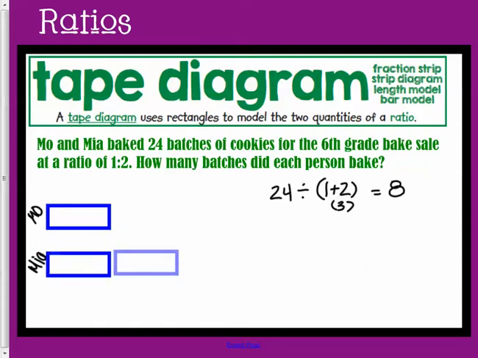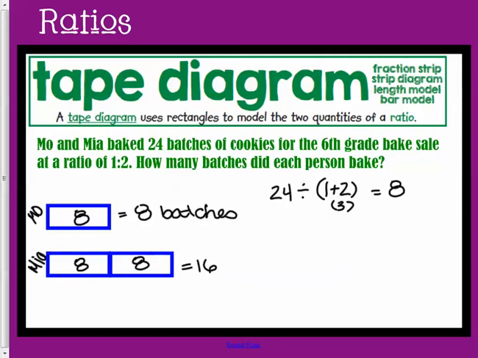So she's going to have 2 tape diagram boxes and Mo only has 1. So Mo has 8 batches that he made, and Mia made 8 plus 8, which equals 16. So together they made 24 batches, and they do add together to give me 24, so I'm done.